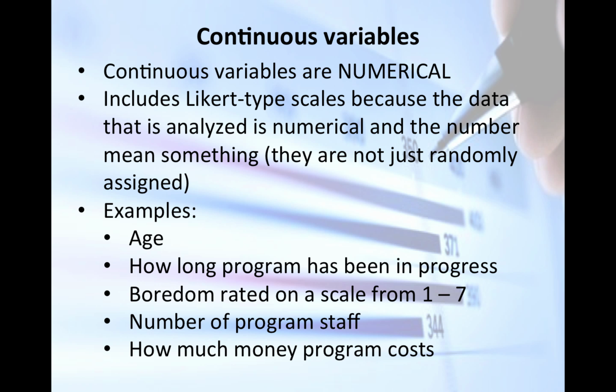You could have a Likert type scale that evaluates how bored program participants are with a certain aspect of the program. And then you can also have the number of program staff, maybe you've counted this, and how much money the program costs, if people are indicating a dollar value.